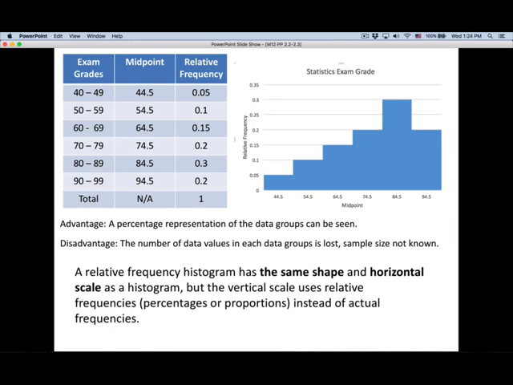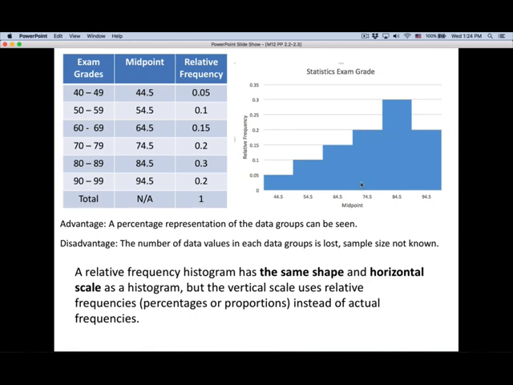Okay, if we're using the relative frequency on a histogram, we could easily find out the percentage of data. For example, we could say that 30% of the students get about 84.5.